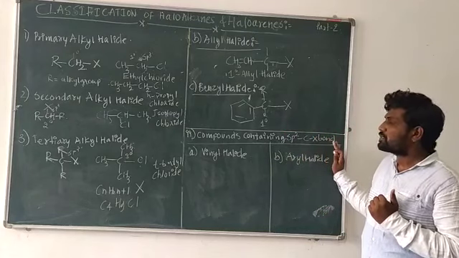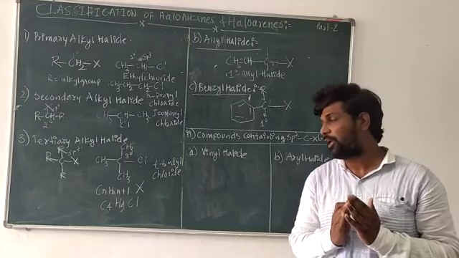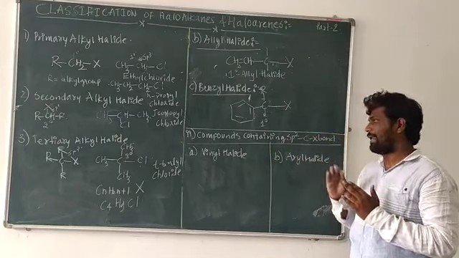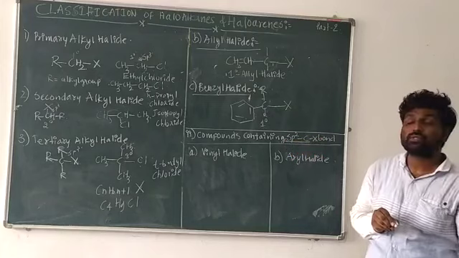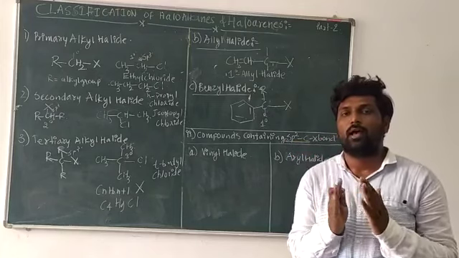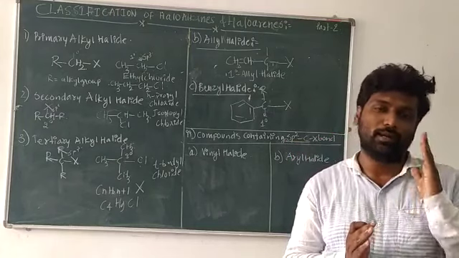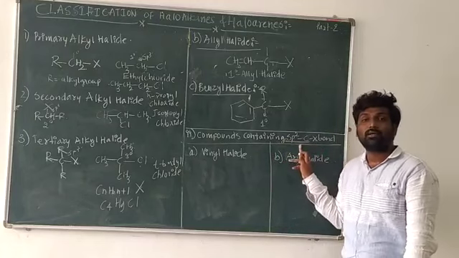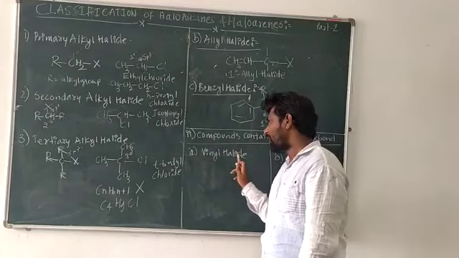Compounds containing sp2 C-X bonds are further classified into two types, vinyl halide and aryl halide. The name itself suggests that these are compounds containing an sp2 C-X bond. Here the halogen atom is bonded to the sp2 hybridized carbon atom, meaning the halogen is bonded to the carbon-carbon double bond. For example, vinyl halide.